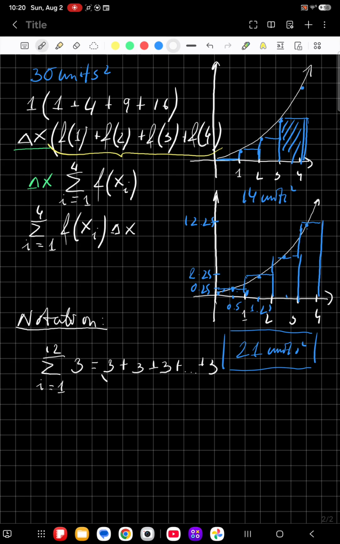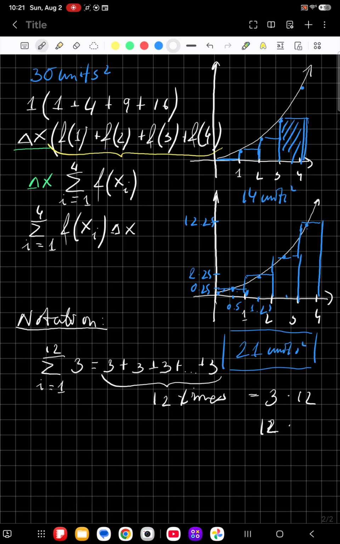I'm not going to write all of those. I'm adding those 3s 12 times, so I could simply write it as 3 times 12, or 12 times 3.